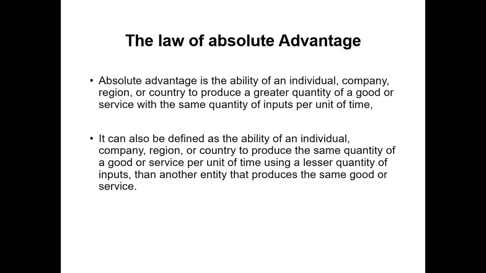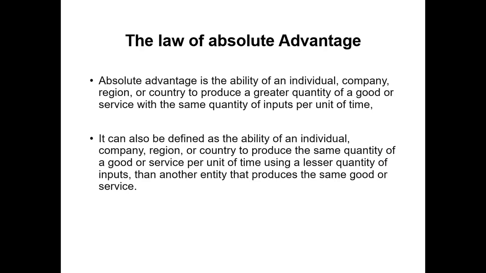Now, when we talk about absolute advantage, it is the ability of an individual, company, region, or country to produce a greater quantity of a good or service with the same quantity of inputs per unit of time, all right?